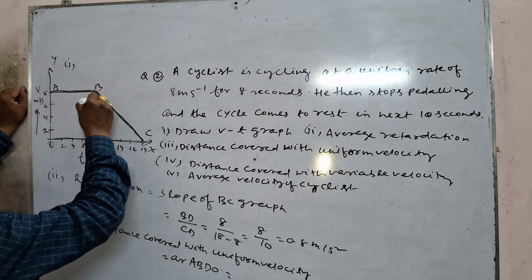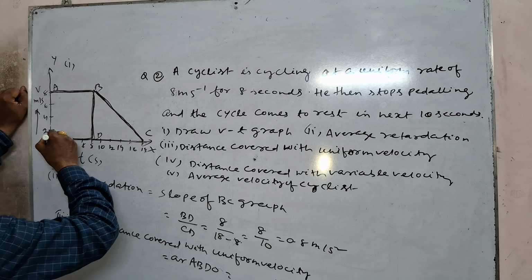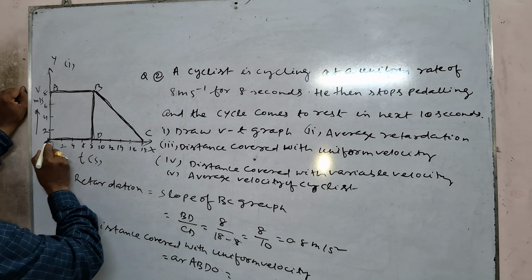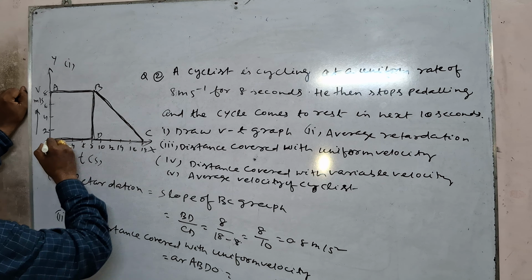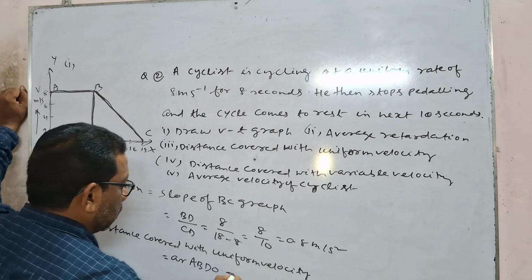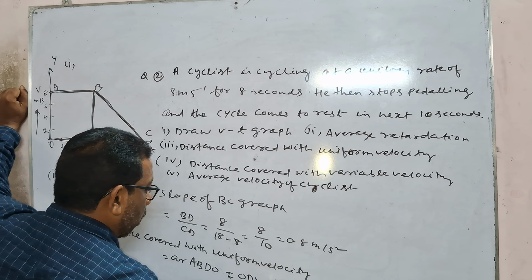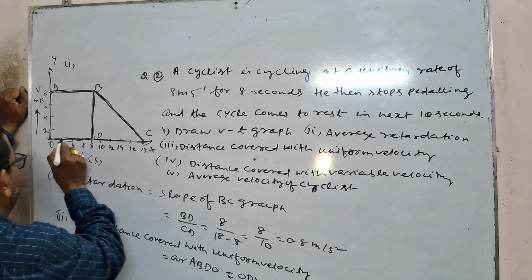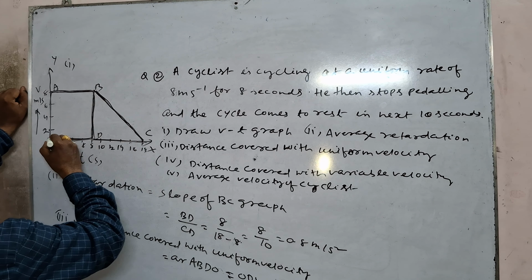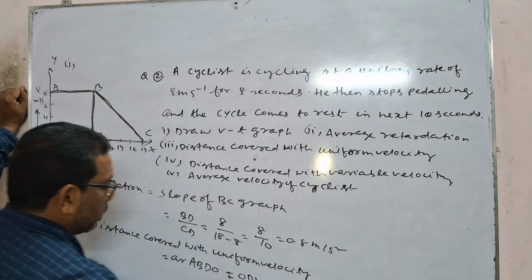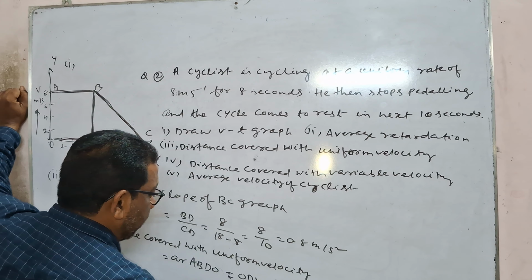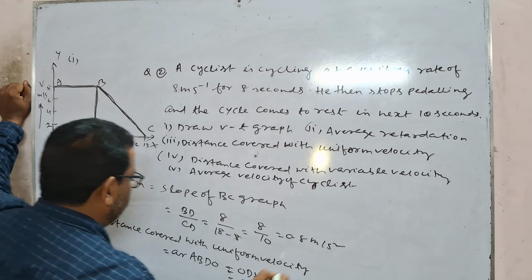ABDO is a rectangle. Rectangle area equals length into breadth, which means OD into OA. OD equals 8 and OA equals 8. 8 into 8 is 64 meters.